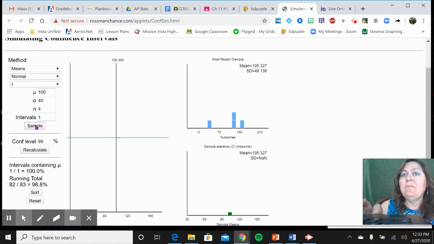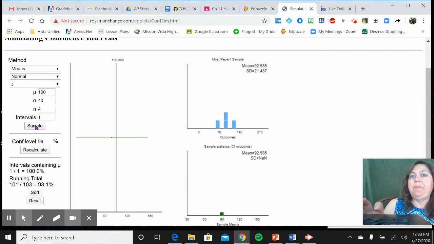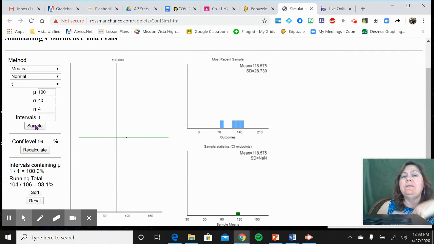We didn't capture the mean once. There's twice. Okay. All right, we're over 100, and you could see our accuracy was getting back up there. Still at 98, but if we did this many, many times, it would level out at the 99, but Z with S just did not do that.